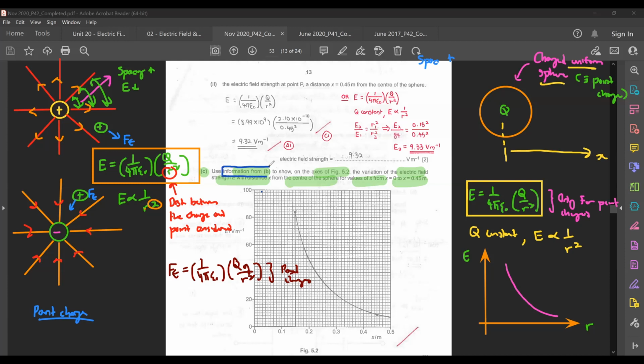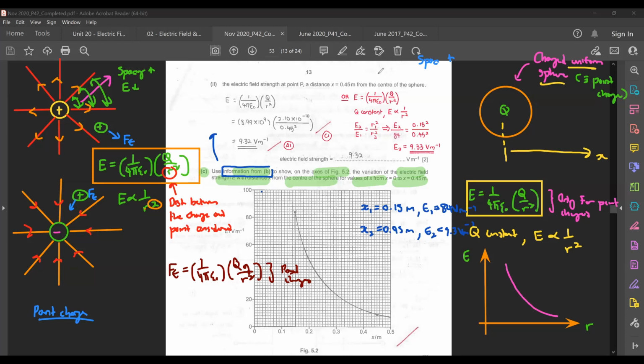Use information from B, which is what you have above, to plot the graph. So from the part B that you did before, when your x1 was 0.15 meter, your E1 was 84 volts per meter. When your x2 is 0.45 meter, your E2 is 9.3 volts per meter.